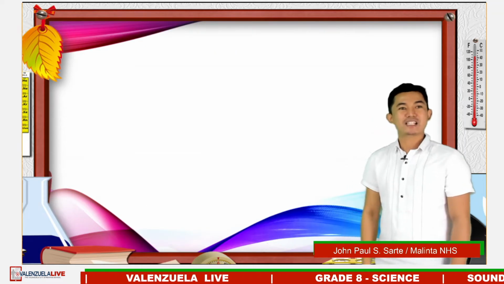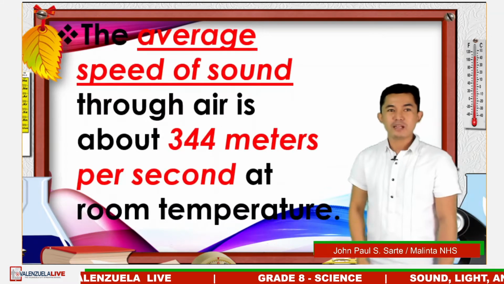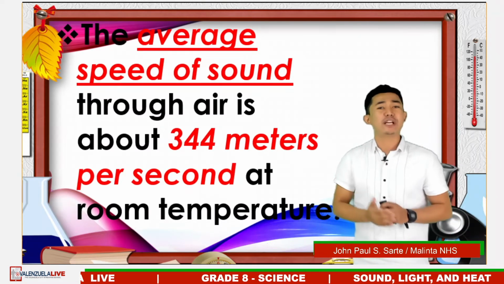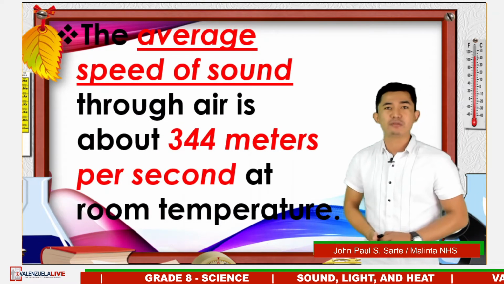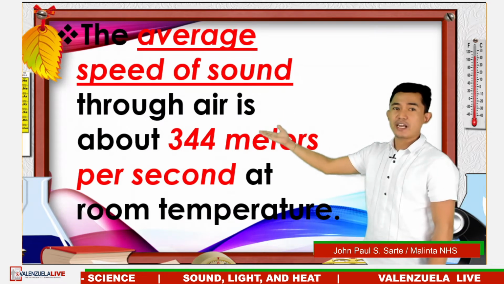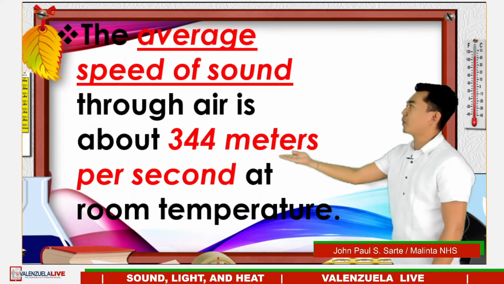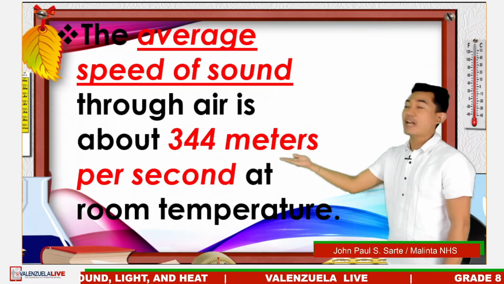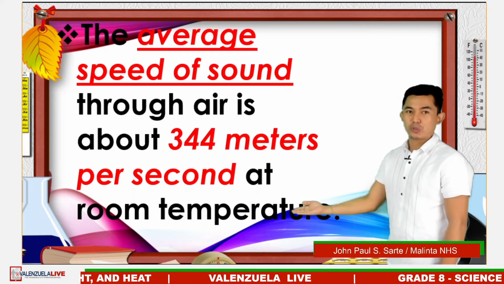Okay? Next, aside from that, we need to know also the average of the speed of sound. The average speed of sound through air is about 344 meters per second at room temperature.